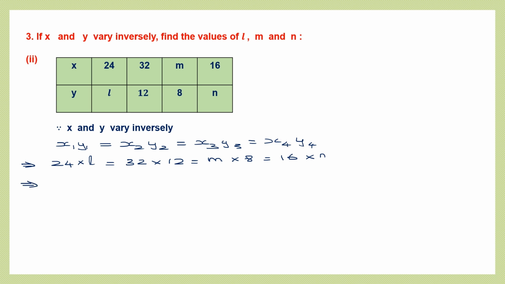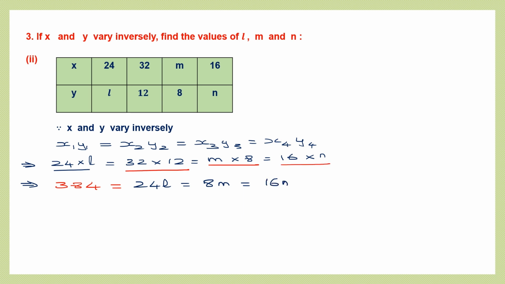So now here, what are the values that we have here? 32 into 12. And that is 384. So let's say 384 is equal to all these. That is 24L, which is equal to the next one, 8M. This is equal to the next one, which is 16N.